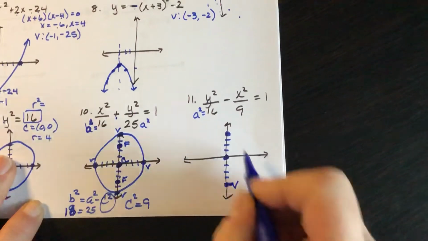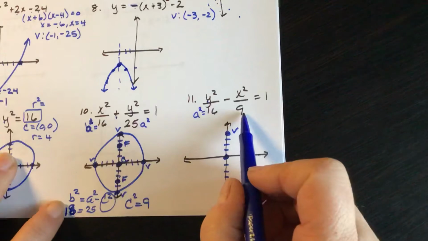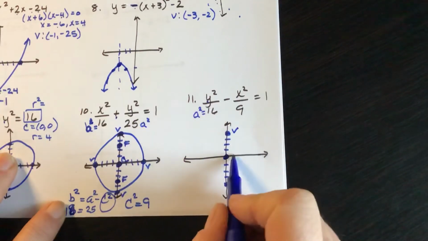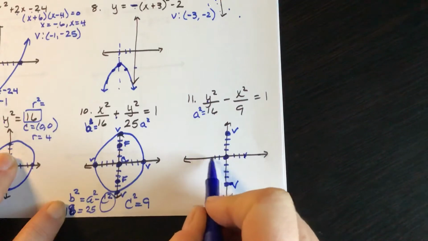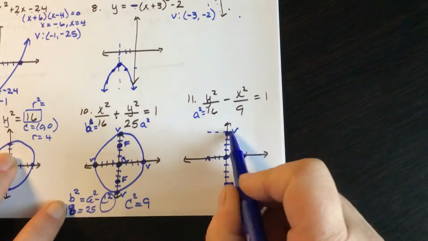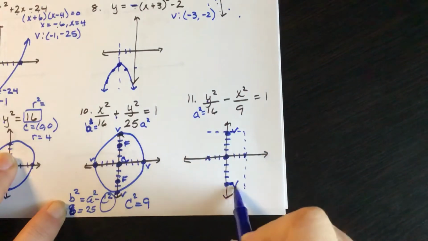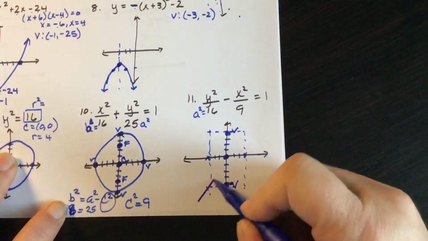Oops, these are vertices. I have some co-vertices along the x-axis, which really, remember, are only used for helping us make this box that will help us draw the asymptotes.